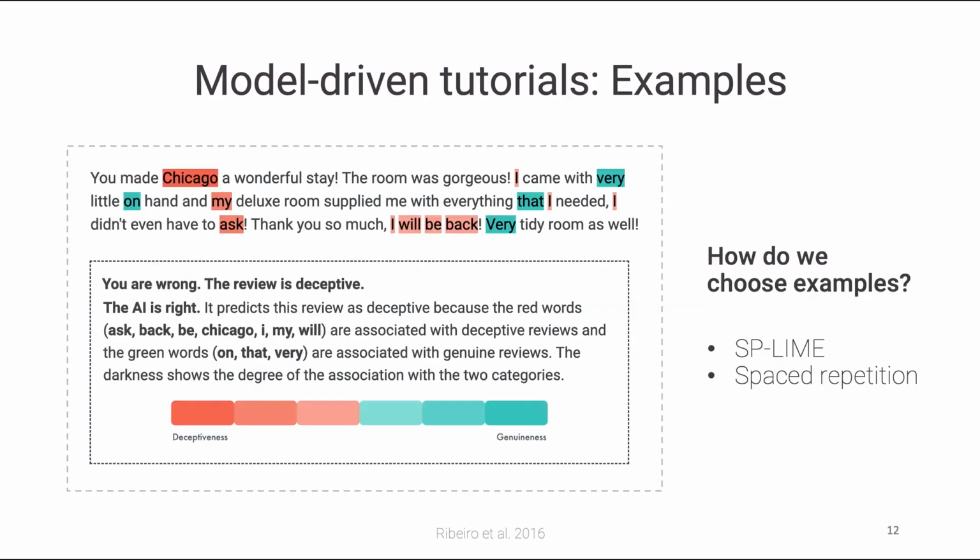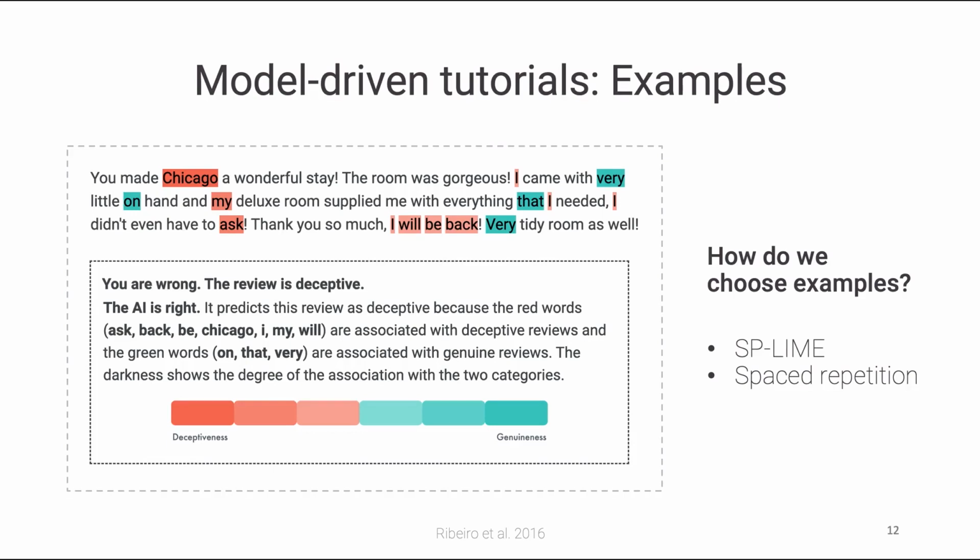Second, we consider example tutorials that are automatically selected by different algorithms: SP-LIME and our novel spaced repetition algorithm. SP-LIME is an algorithm that selects examples to provide great coverage in the training set so humans can have a more holistic understanding of the data set. Our spaced repetition algorithm leverages insights from the education literature regarding the effectiveness of spaced repetition.